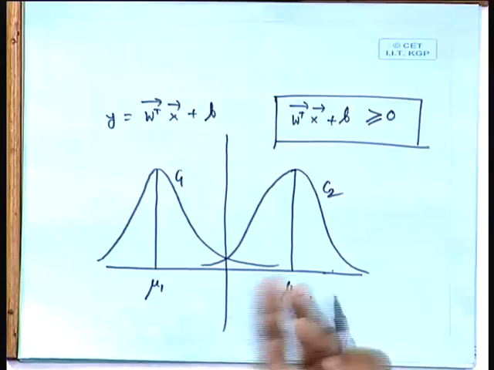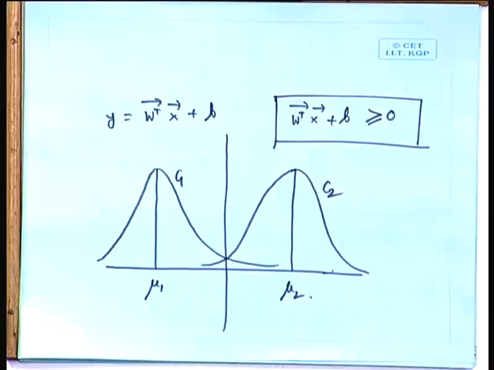So, it will not be able to find any fixed decision boundary. If you are iteratively trying to converge a perceptron algorithm, the decision boundary will oscillate in and around this region and never obtain any direct solution.